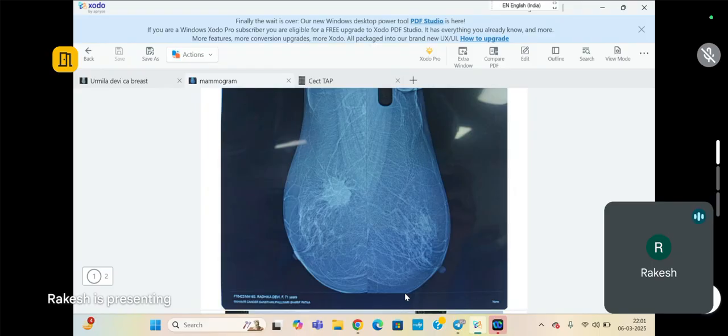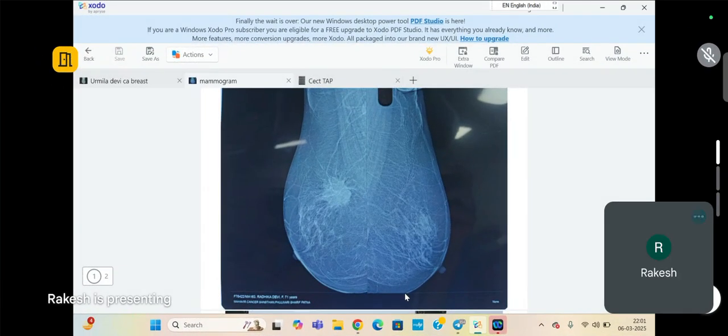And TNBC brain. Which is more common in brain, TNBC or HER2? TNBC, I think. It's HER2. HER2 is more common. TNBC spreads to other viscera. It can go to brain, but HER2 is more common to go to brain.